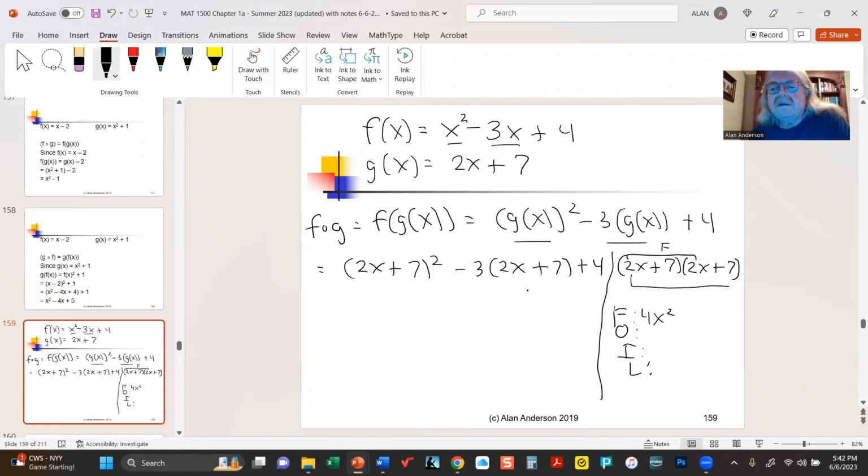O would be these two terms, 14x. I would be here. Once again, that's 14x. Last would be these two, 49. So altogether, we have 4x squared plus 28x plus 49. Okay, so I'll write that here.